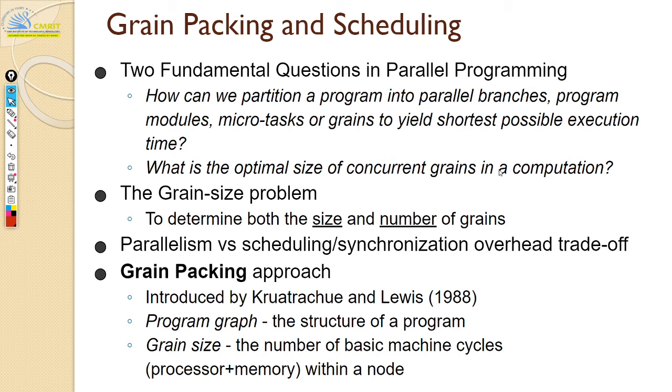This was introduced by Kruatrachue and Lewis. They proposed it in 1988. The interesting thing is, most of these problems were solved in the 70s and 80s itself, but still these are relevant today.